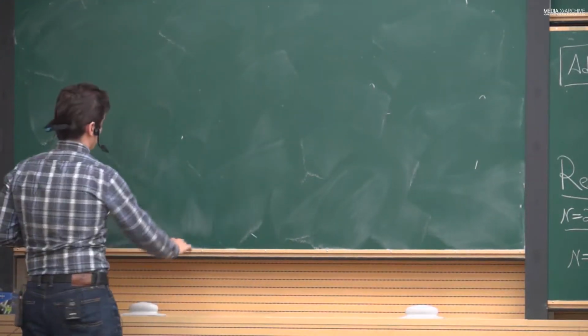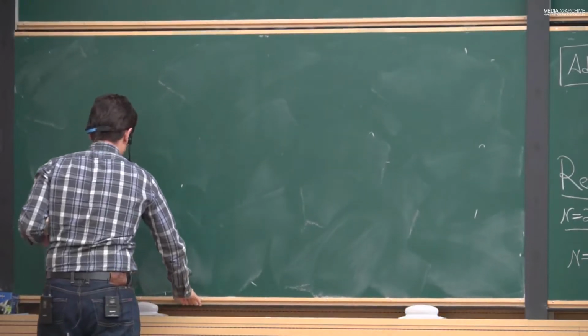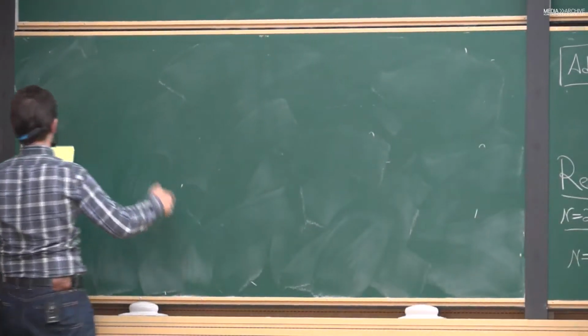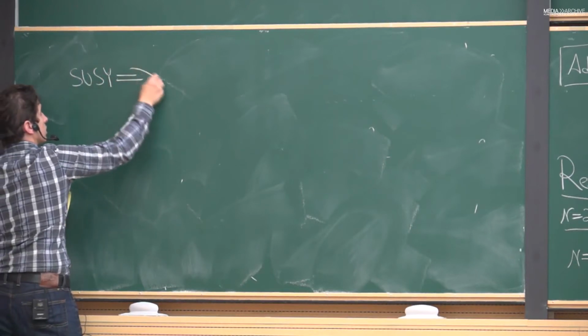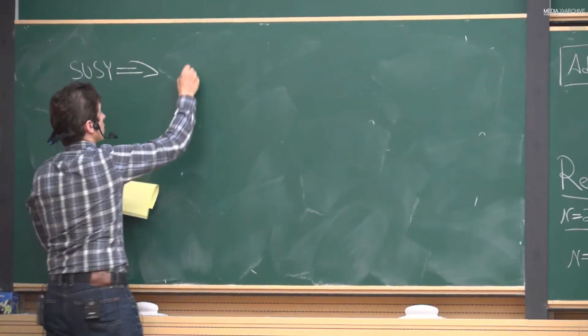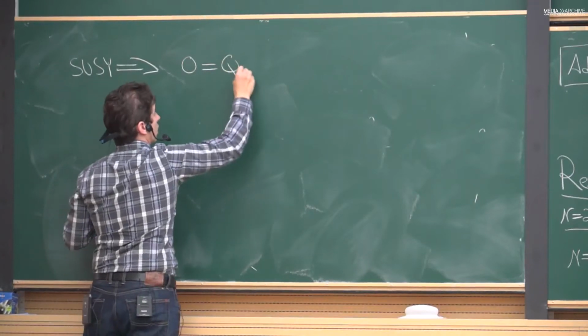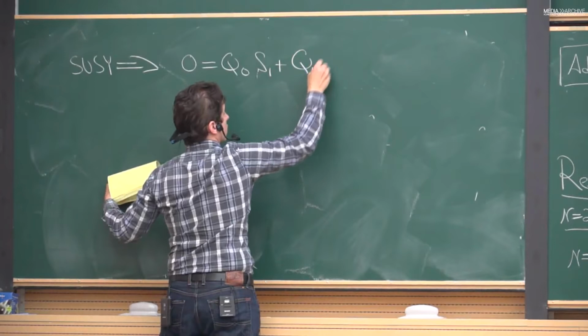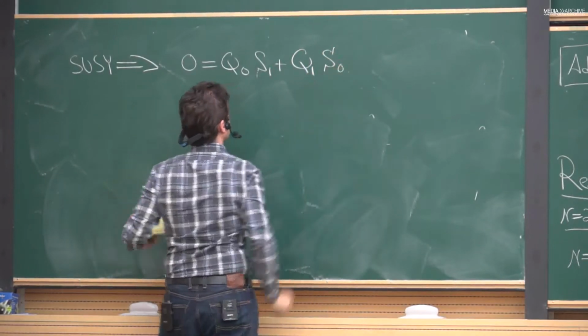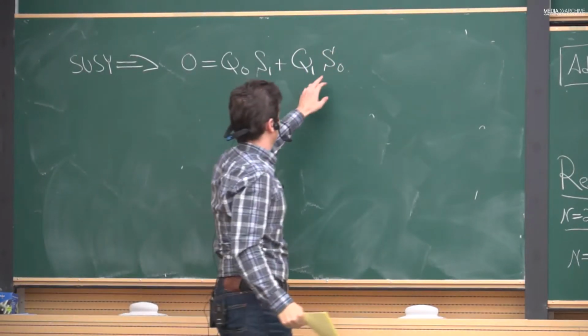So using the fact that Q naught annihilates S naught, I get what appears to be the first order constraint that 0 is equal to Q naught S1 plus Q1 S naught.